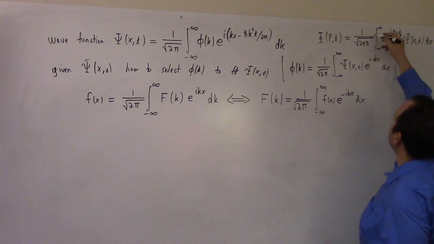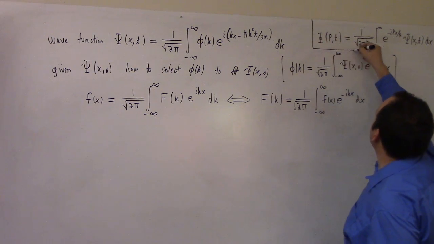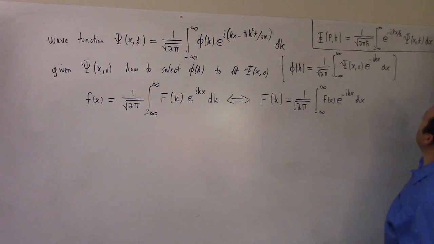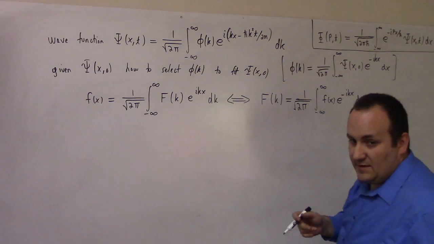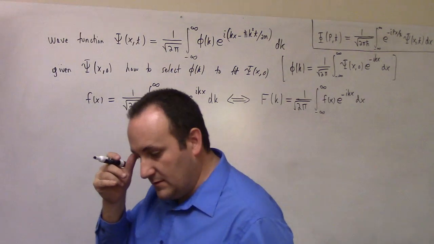So the wave function in terms of momentum in time, as opposed to position in time, is obtained by a Fourier transformation.